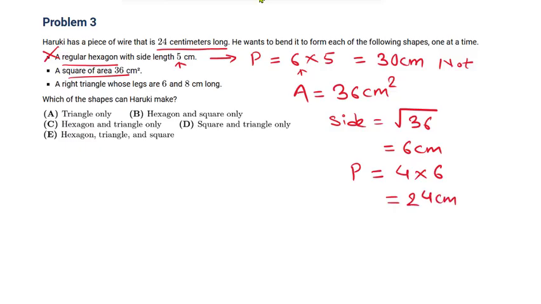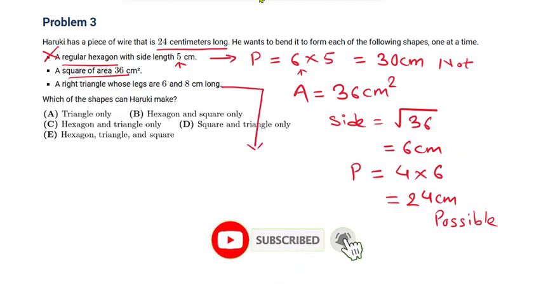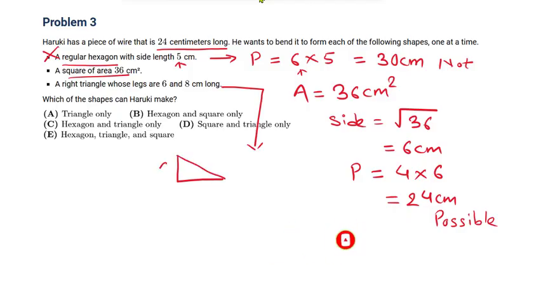So this is possible. Now we have the right angle triangle. It is given that one length is 6 centimeters and another is 8 centimeters. So we have 6 and 8 centimeters. The hypotenuse is not given.